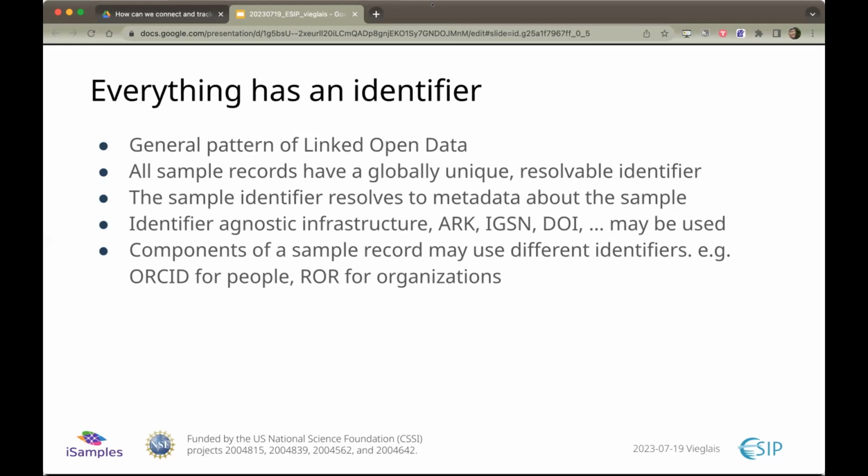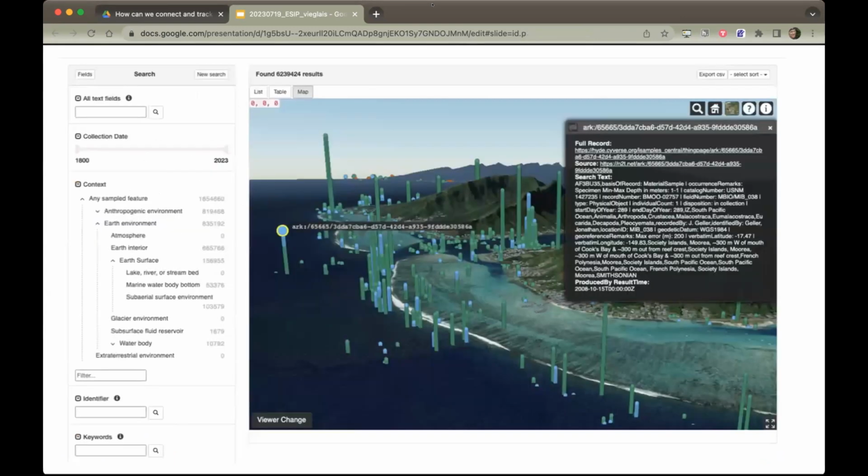And then the individual records may have components to them, which are also referenceable by different types of identifiers, such as ORCIDs for agents or people and so forth. This conveniently lets you do all sorts of interesting things with individual specimens. For example, you can see a map of Moorea, Tahiti, with individual specimens.